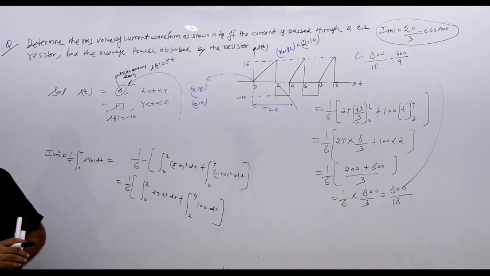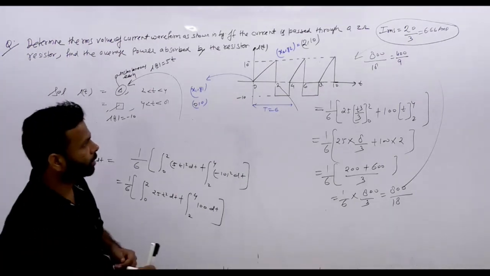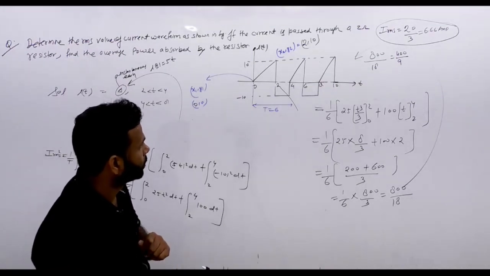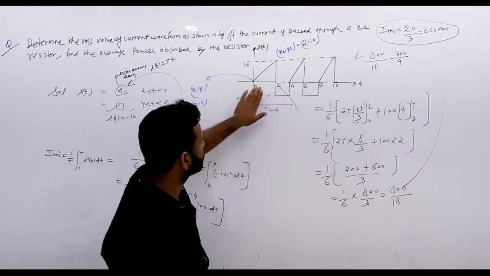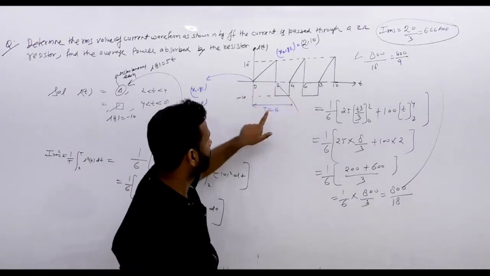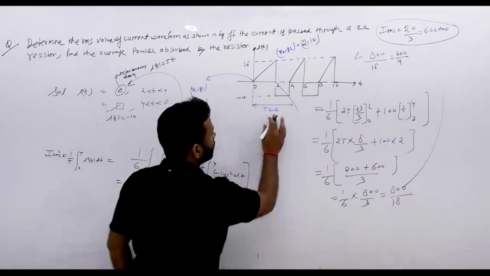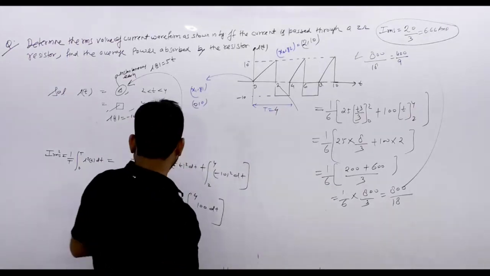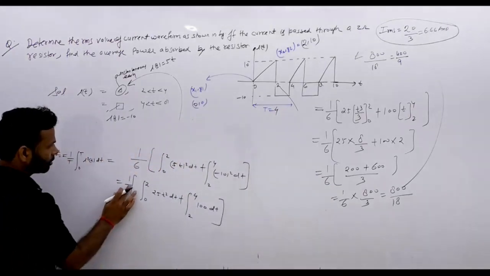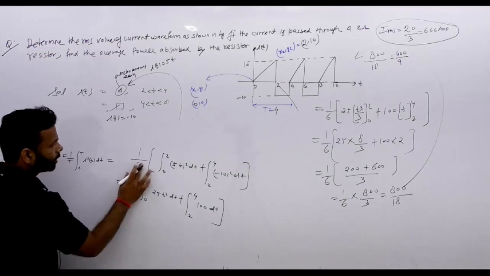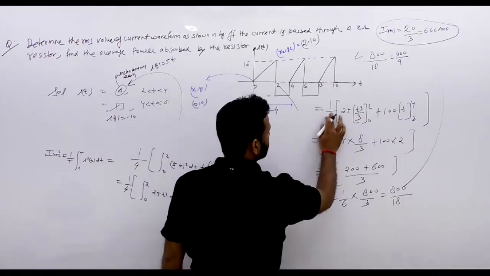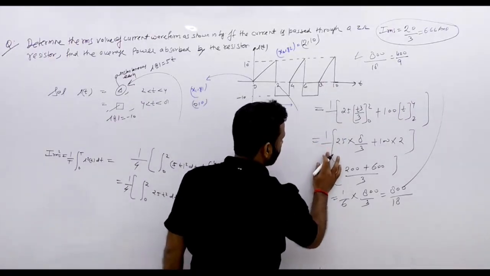If you take time period 1 by 6, in the previous question the time period is 6, but we have changed the waveform now, so that's why the time period is 4. Then we will make the correction. Please make the correction. It is 4, because we have changed the waveform.